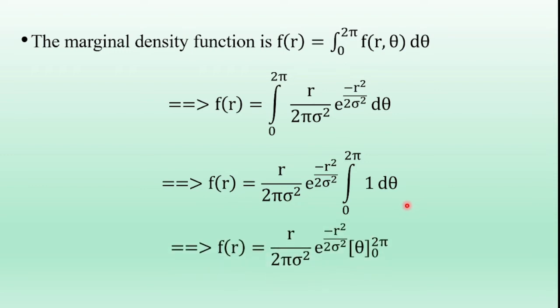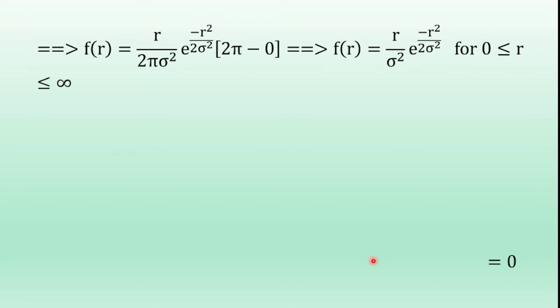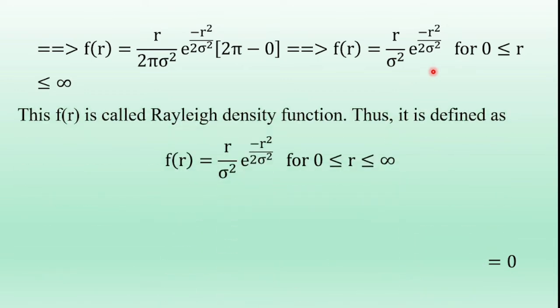Now substitute upper value of theta and lower value of theta. We get the marginal density function of the random variable r, f of r is equal to r by sigma square into e power minus r square by 2 sigma square for r is equal to 0 to infinity. So this equation is called as Rayleigh density function of the random variable.